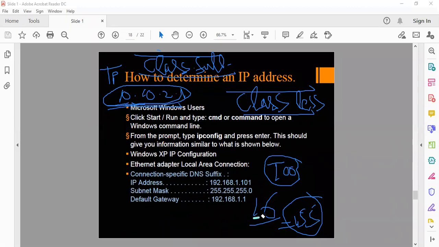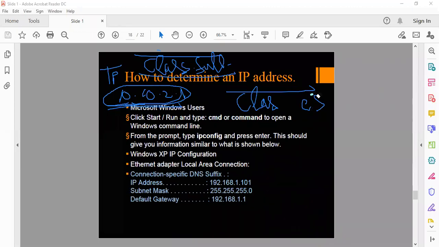That's why they introduced another IP addressing called classless IP addressing.